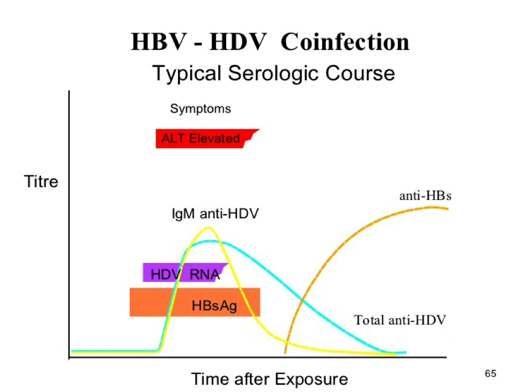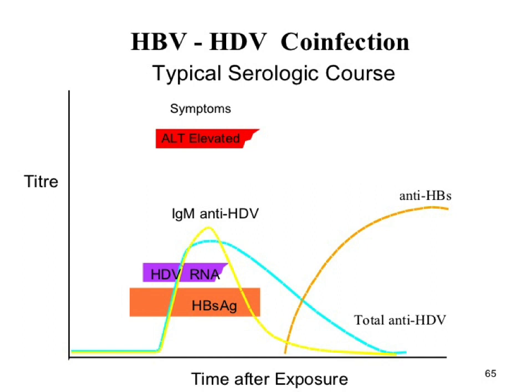So let's look at the serological course of these two modes of infection. First, let's look at co-infection. In most persons with a co-infection, both IgM antibody to Hep D, or anti-HDV, and IgG anti-HDV are detectable during the course of infection.